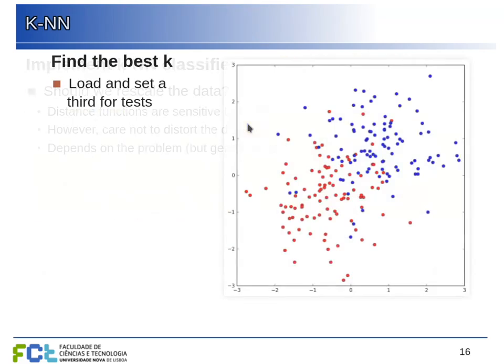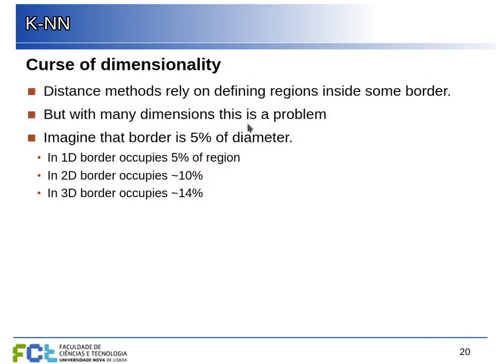However, as we increase dimension, we start having a larger fraction of points close to that frontier. For example, if you imagine that the border is only 5% of the diameter of the region, then in 1 dimension, in a single line, the border will occupy only 5% of the points.